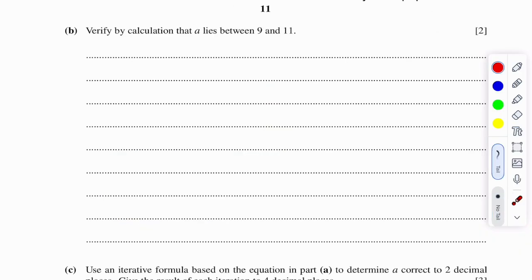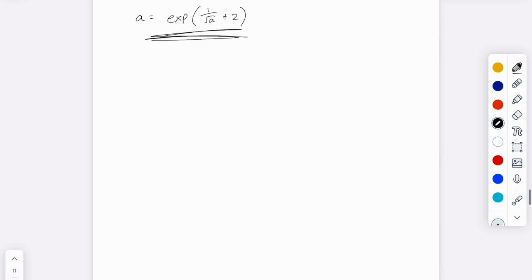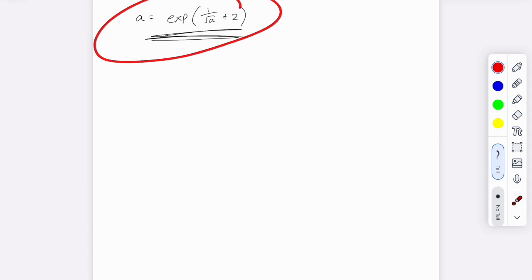And alright guys, now for number B, we got the following question. It says verify by calculation that A lies between 9 and 11. So how do we do that? Well, this is our formula: A is equal to e to the power of 1 over root A, plus 2.